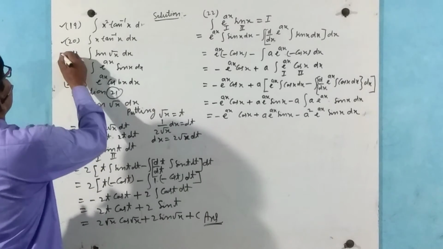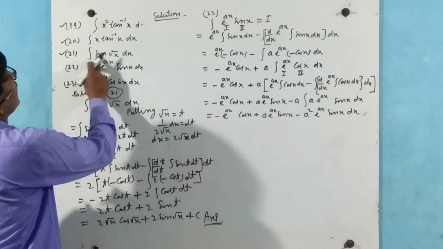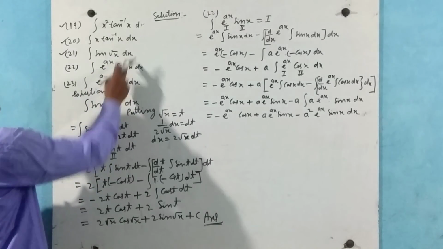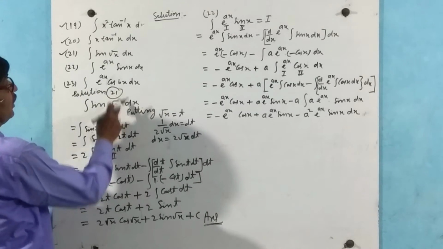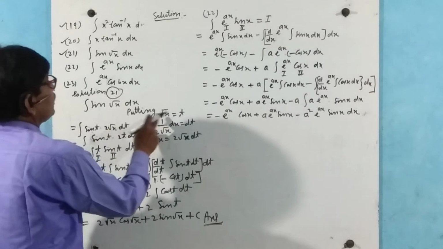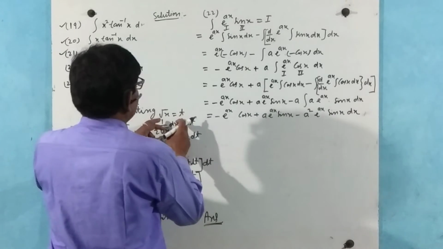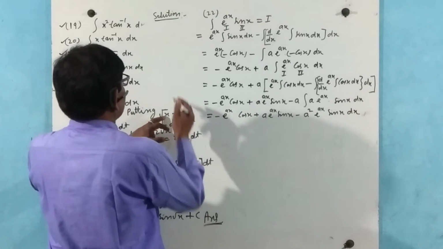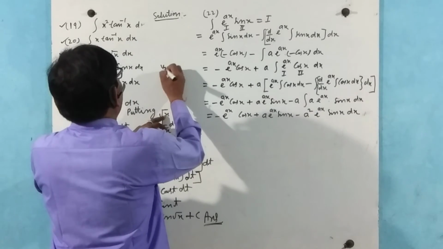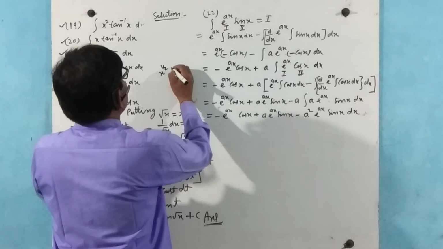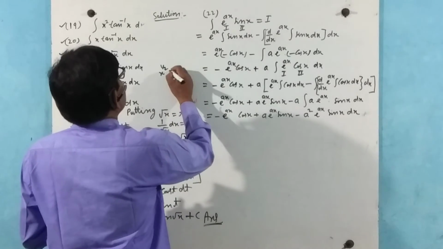Now question number 21, integration of sin root x dx. Putting root x equal to t, so x to the power half equals t.